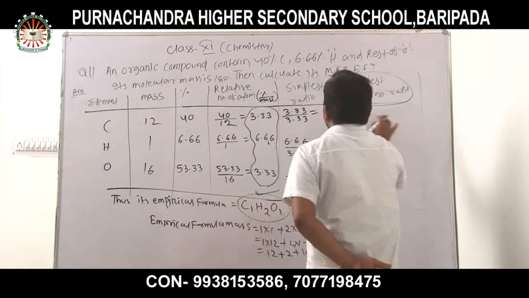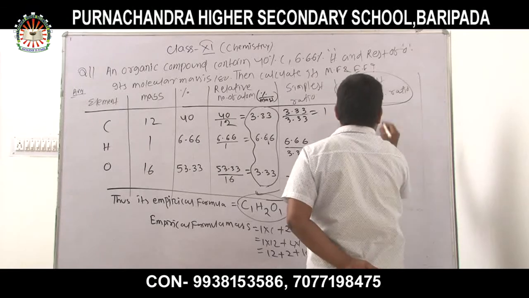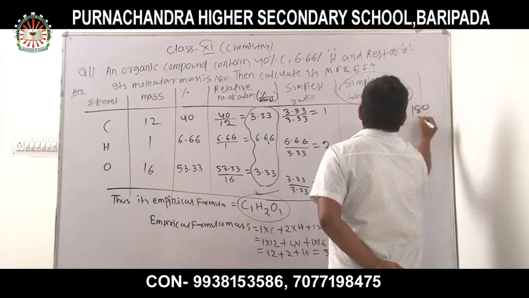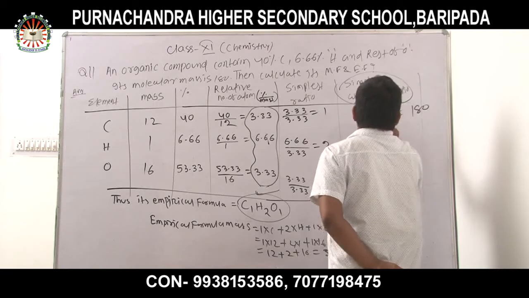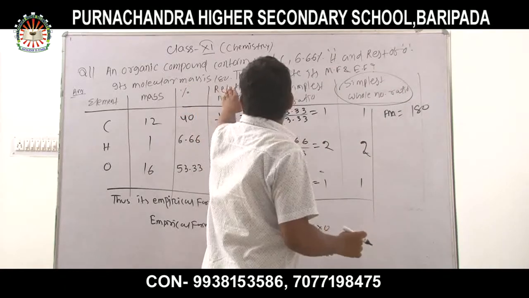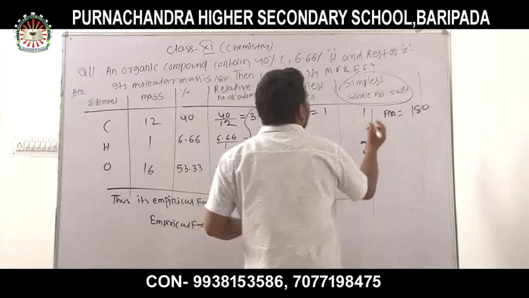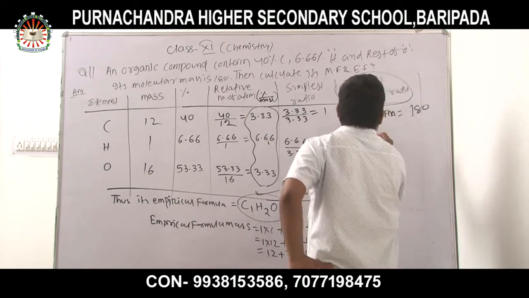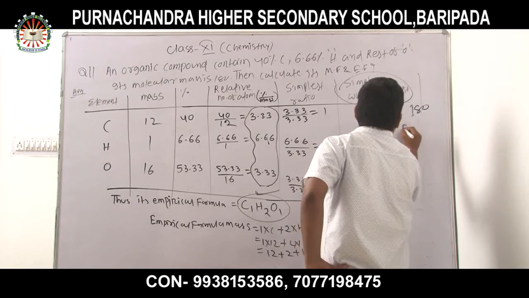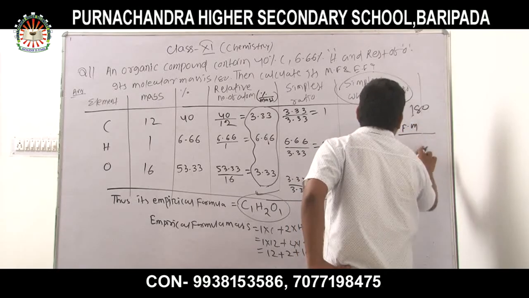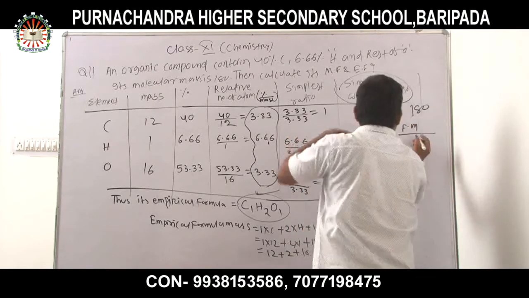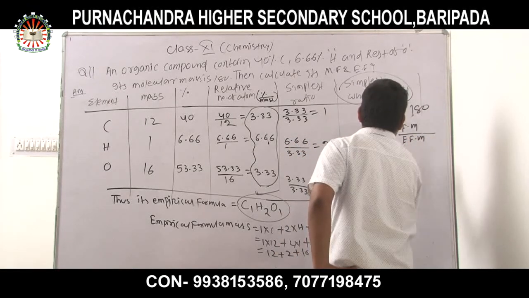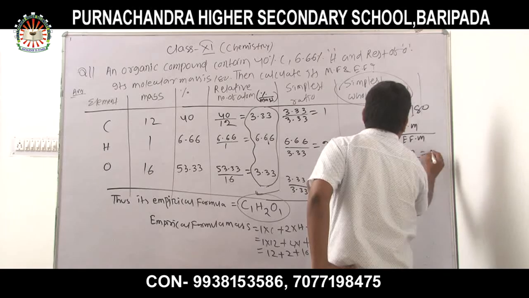Then, it is given in the problem that the molecular formula mass of the compound is 180. So n equals formula mass divided by empirical formula mass, that is 6.